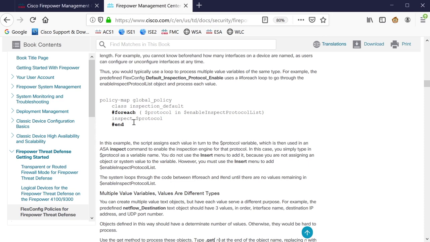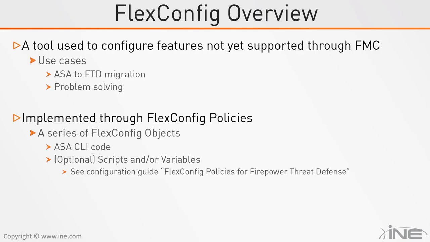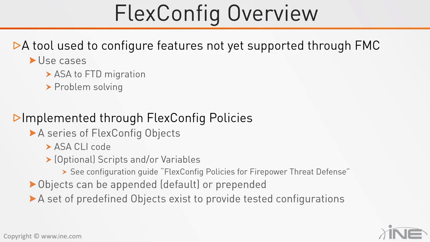Okay, so it's pretty important to understand at least this portion that is related to scripting, because you will see this loop-like syntax in at least a few different objects which are predefined. There's going to be a bunch of objects that are predefined on the FMC, just to simplify the typical configuration you may want to deploy on the FTD via FlexConfig.